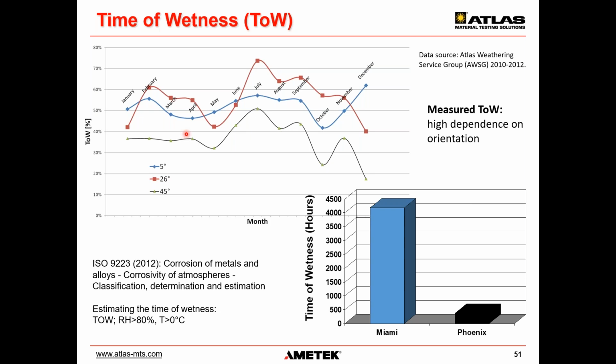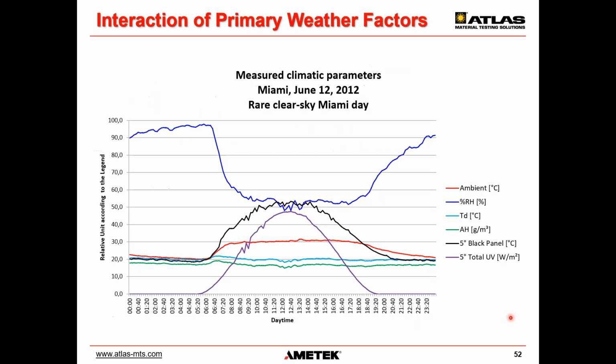And we see we have some dependence on the exposure angle because of the amount of rain which is received on the surface, but also on the fastness of drying when the sun is shining, and also how fast the water is pouring off, which all influence the time of wetness. But overall, it's about 50% of the time a surface is exposed in Miami, the surface is wet. And it's a really critical factor. And Phoenix, on the other side, has much lower time of wetness.